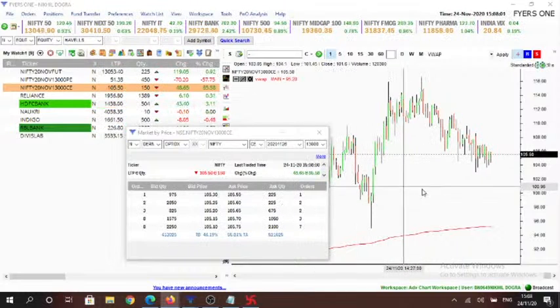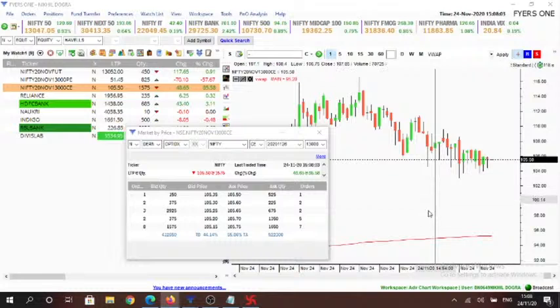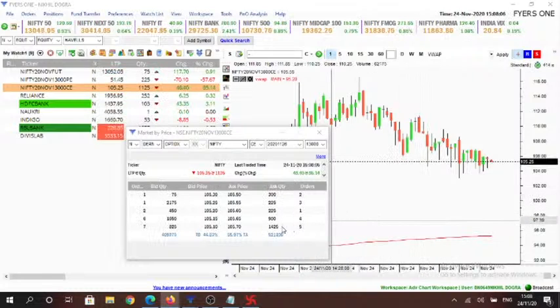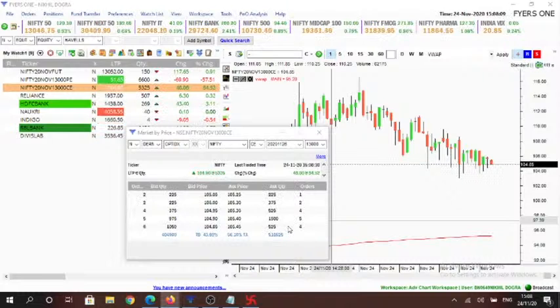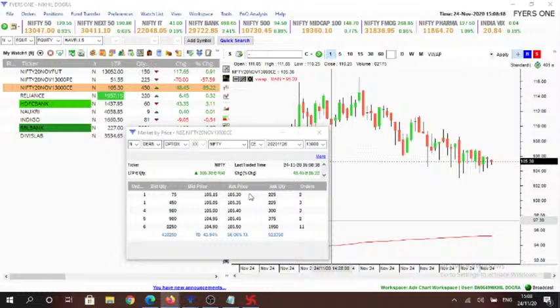Those are the algorithms which institutions use. So when it was not able to get filled at 106 for a relatively longer period of time, they basically executed that position in the market, which led to price trading lower.